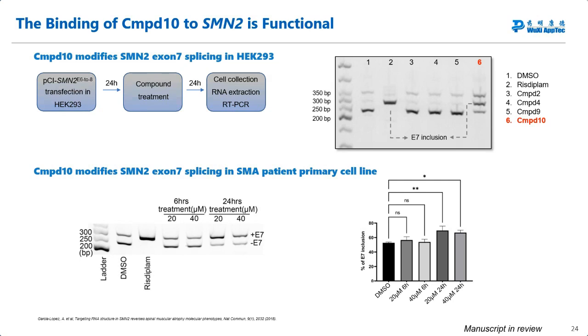In this experiment, cells treated with compound 10 for 6 hours did not show clear exon 7 inclusion, but when cells were treated for 24 hours, an obvious band intensity shift was discovered, which is statistically significant as compared to DMSO control.